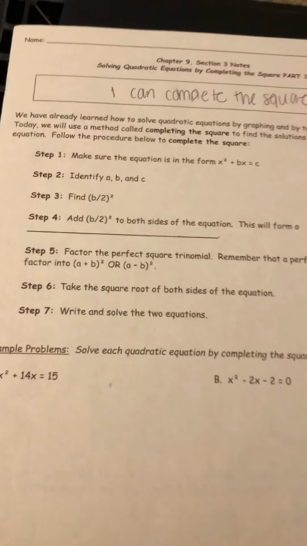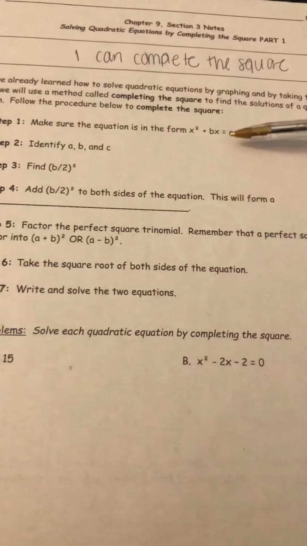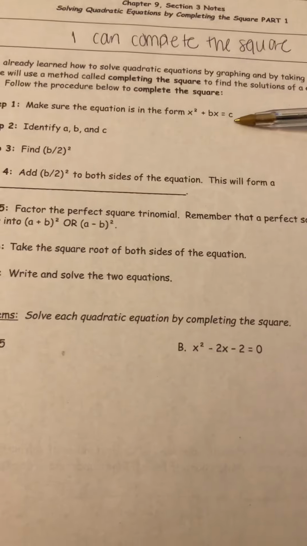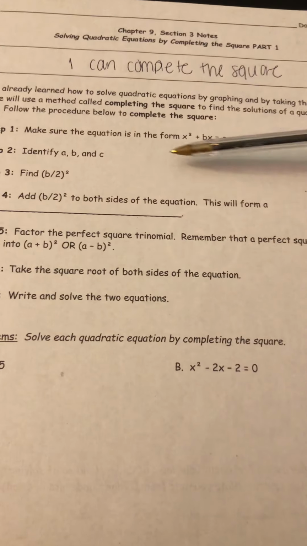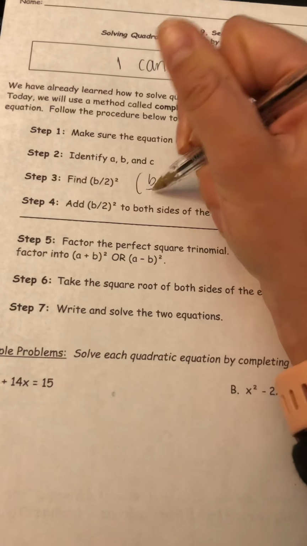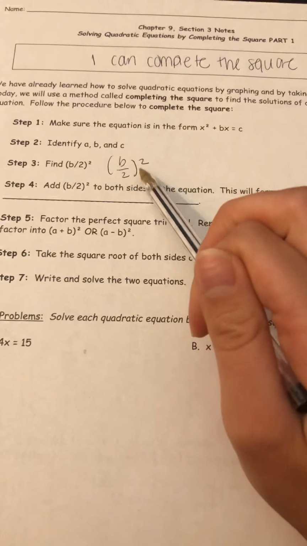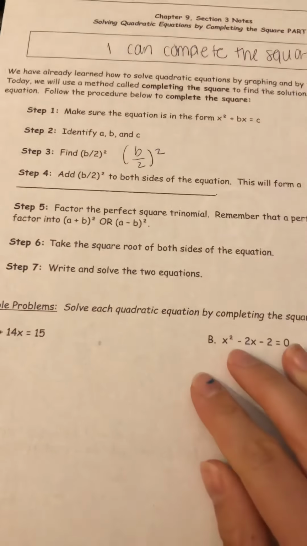So these are the steps. We have to make sure it's in ax squared plus bx is equal to c. Identify a, b, and c. And then we find b over 2 squared. And then we add that, whatever that answer is, to both sides of the equation.